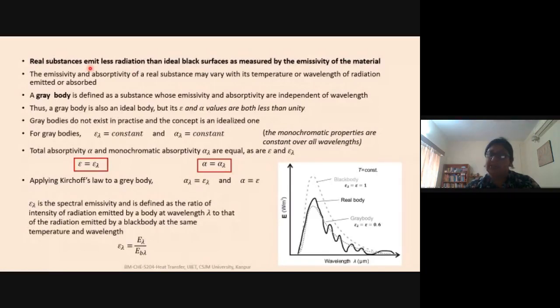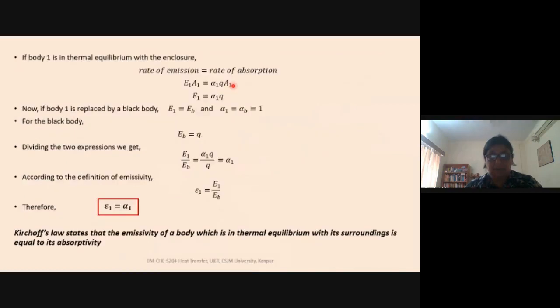So the real substances emit less radiation than the ideal black surfaces, as measured by the emissivity of the material. If you look at the emissivity definition, it says that epsilon 1 is equal to E1 by EB.